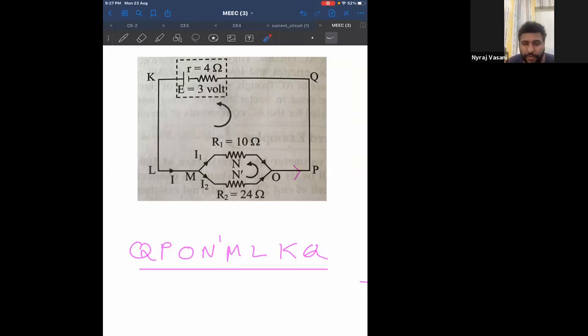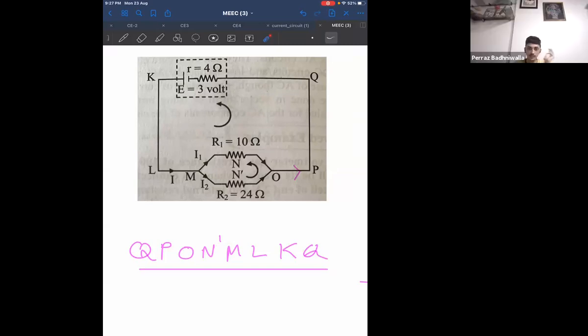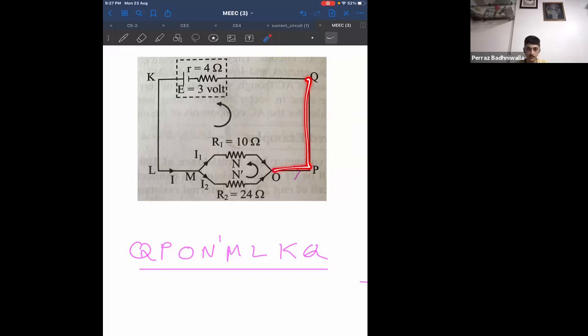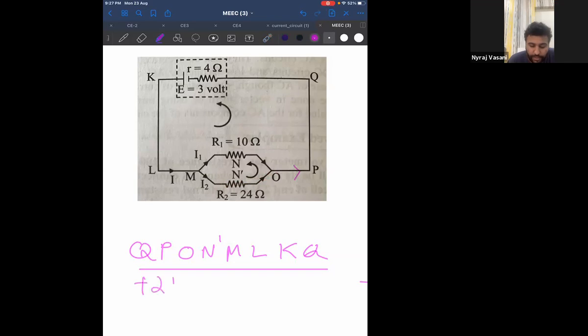Okay, time up. Who wants to go for it? Peras, can you go for it? Yes, sir. So for Q to P, it's nothing. So 0. P to O also, there is nothing. Then Q to M, since you are going in opposite direction, it will be plus 24 I2.